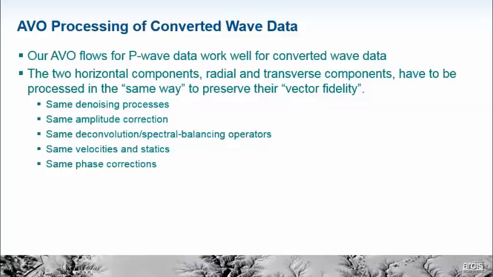So, for example, whenever you're deriving statics, wavelets, amplitudes, you need to ensure that what you're doing to one component is the same as on the other. So we'll often design on the radial and apply to both the radial and the transverse, for example.